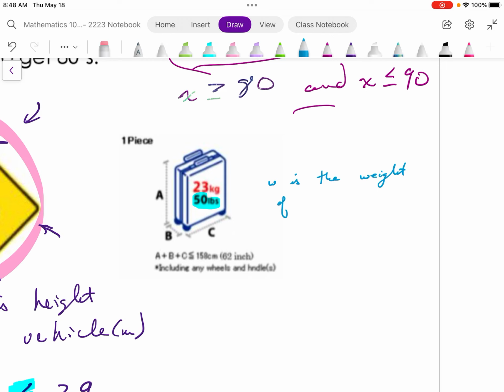Now, do you want to go kilograms or pounds? I'm in Canada, so I might as well go for kilograms. Let's go for the metric system. Get rid of pounds. So W is the weight of a bag in kilograms. I think on an airplane, this is what you often see in airports.